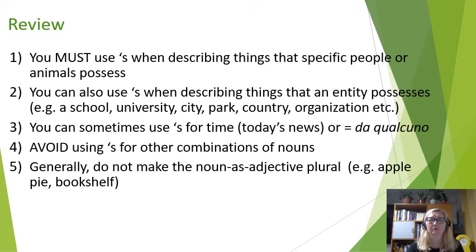You can use S when describing things that an entity possesses, such as a school, university, etc. You can sometimes use S for time or for someone. Avoid using S for any other combination. Okay, just as I said, generally avoid it, and do not make the noun an adjective plural.